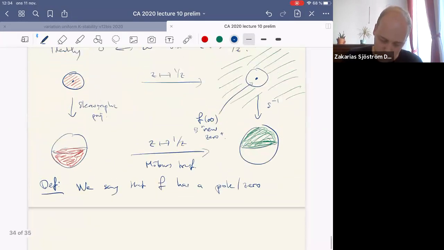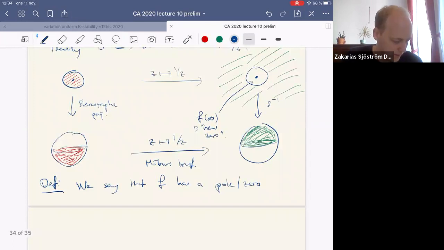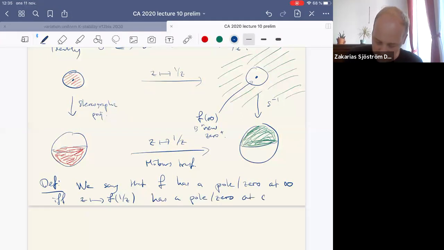So I need to get some more space. So a pole or a zero at infinity is defined precisely by looking at f of 1 over z: if this function has a pole or a zero at 0. Okay?